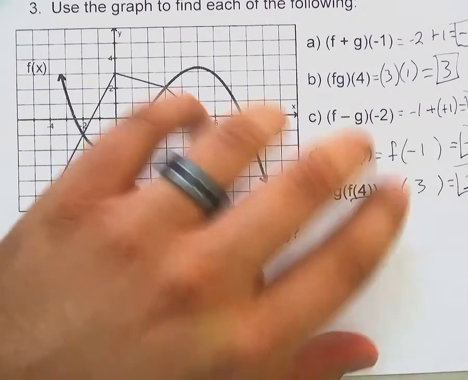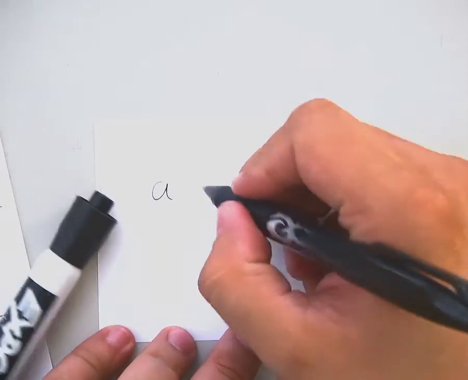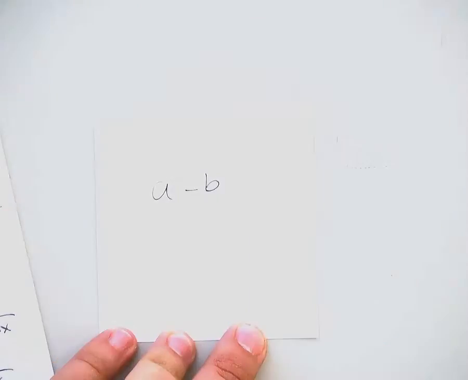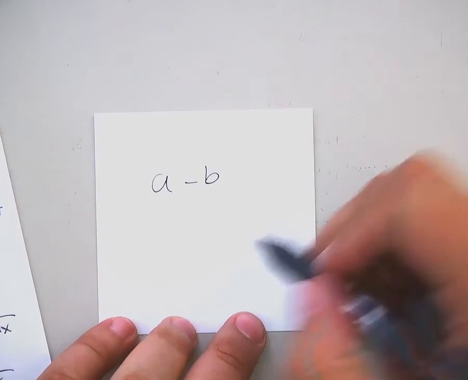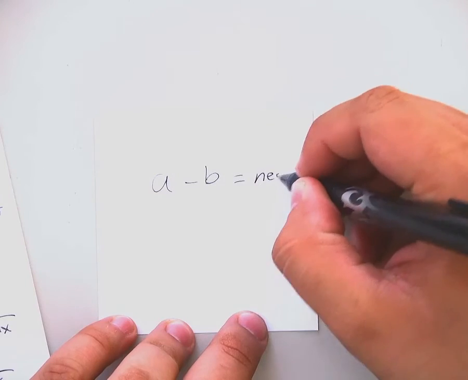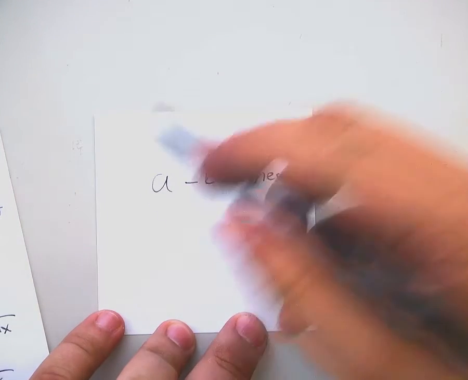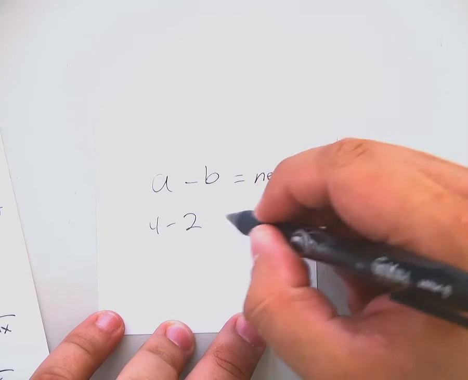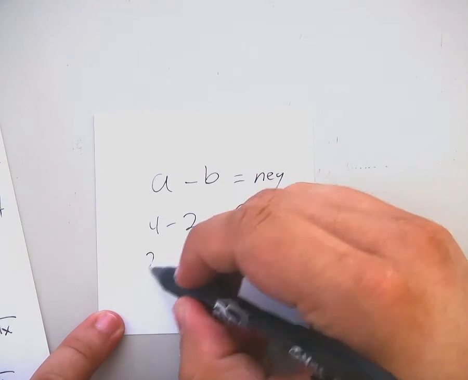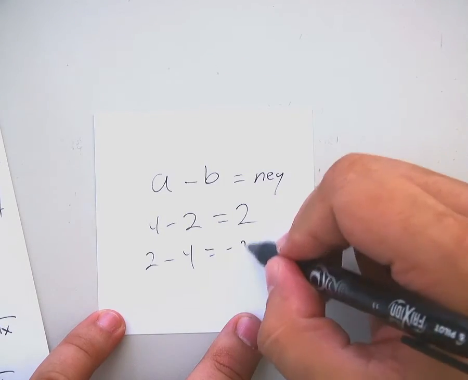Let me do it this way. If you've got A minus B, to make this a negative number, which one has to be bigger? So plug something in. 4 minus 2. Well, that's a positive 2. What about 2 minus 4? That's a negative 2. Which one has to be bigger?